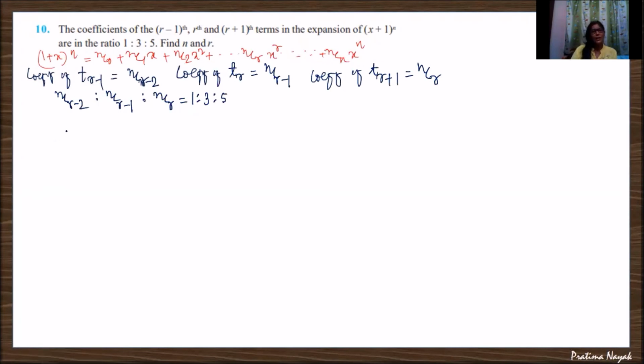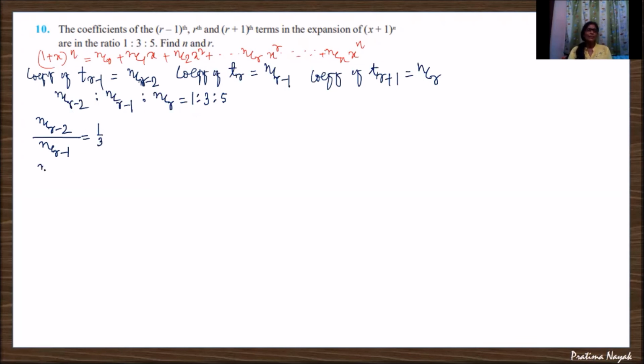So we'll take two at a time. First two I am taking first. So nC(r-2) to nC(r-1) is equal to 1/3. Then let me simplify this.